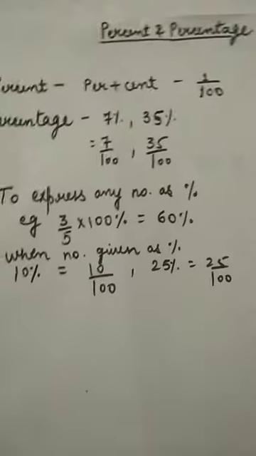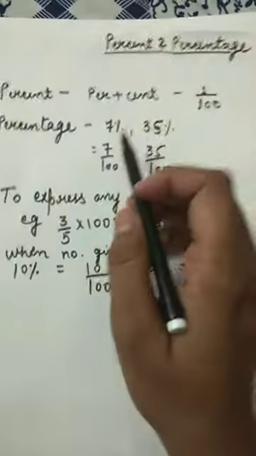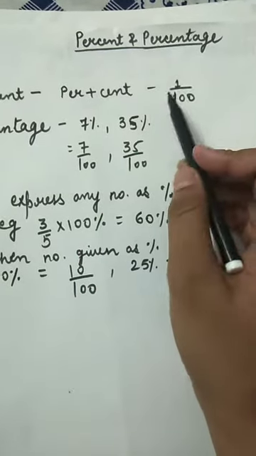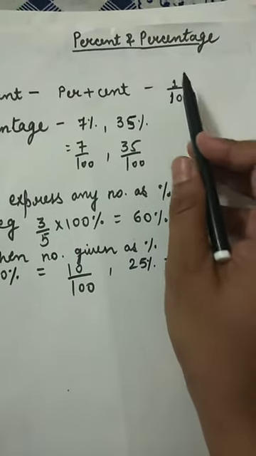So from this we can conclude that percent means we break it into per plus cent, which means 1 upon 100, that is for every 100.